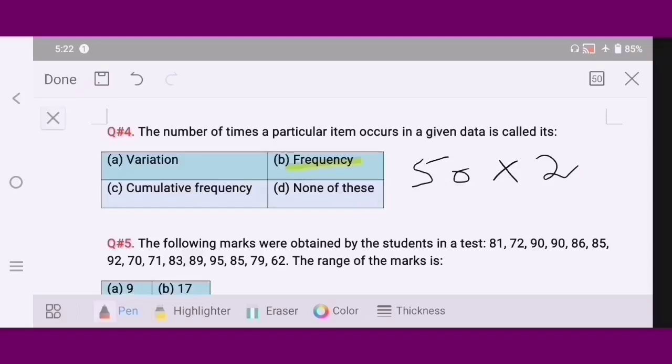So frequency is all about telling us that a single value or more than one value is repeated. Just like in this case, we can say that 50 is 2 times or 2 is 50 times.